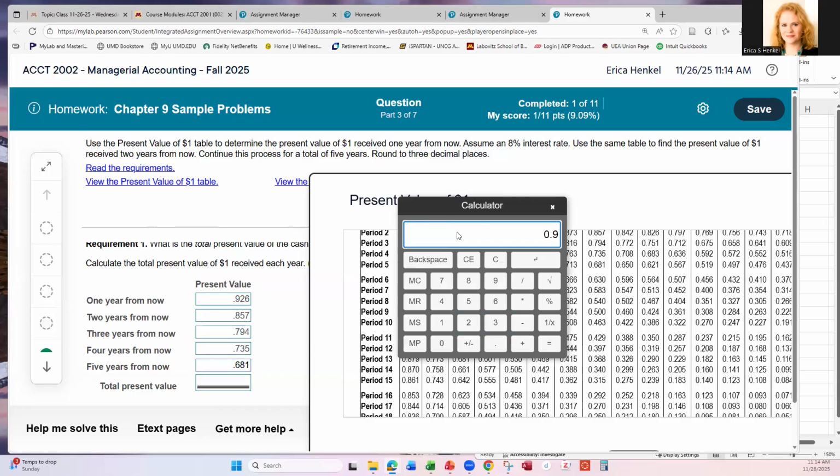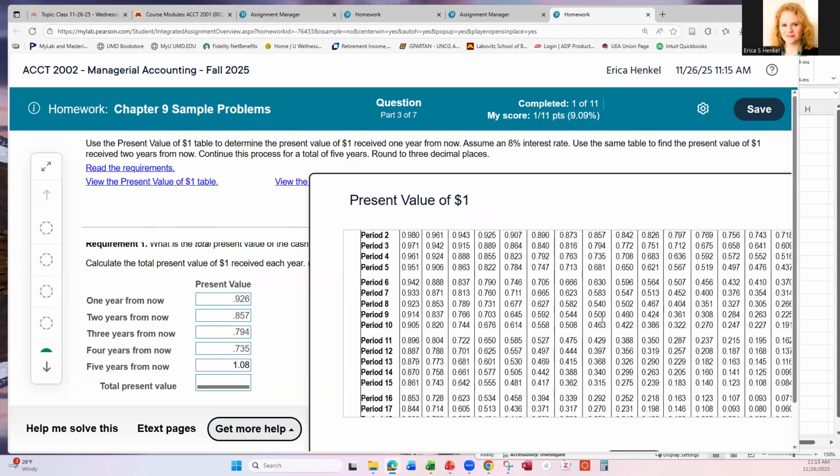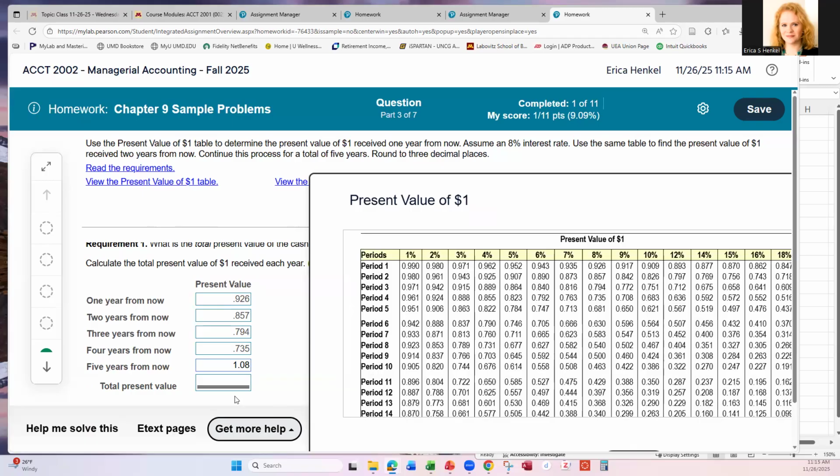So if I take 0.926 and I grow that for 1 year, it would be 1.08, 1 plus 8% at the end of that year, which would be basically $1 here. Oops, I accidentally wrote over that space. But so we basically have $1 in a year. And if I were to take 0.857 and invest that for 2 years, I would end up with $1. If I was to take 79.4 cents today and invest that for 3 years, I would end up with $1. All right. So we can look at this in both directions.